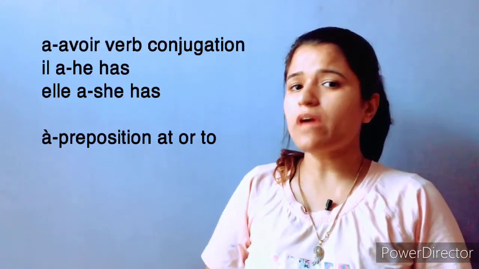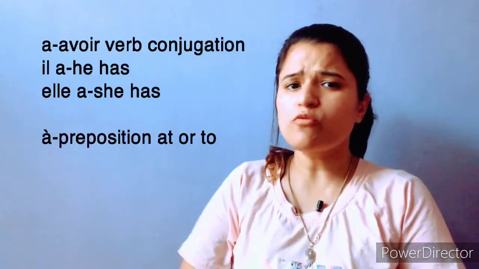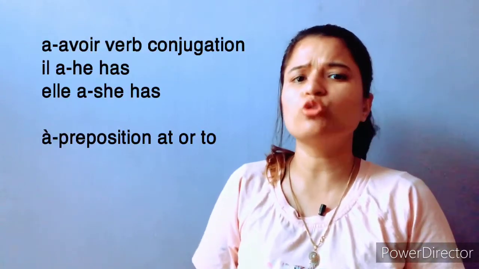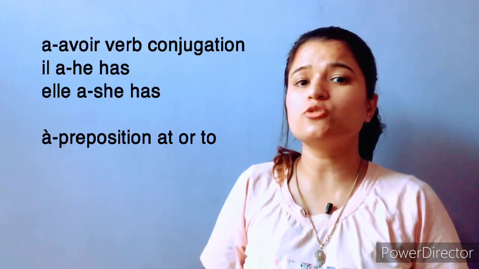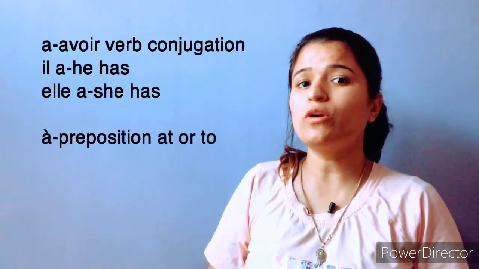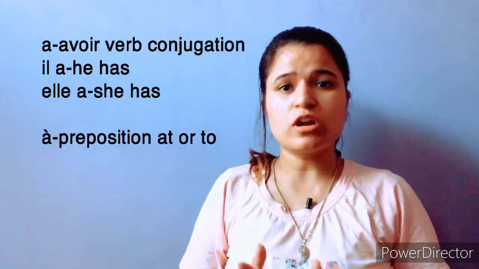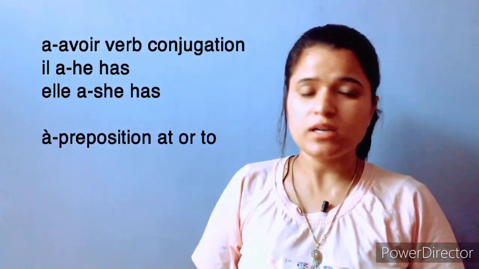If accent grave is not on the letter a, then it is a form of the verb avoir, like il a means he has or she has. But if accent grave is there, à, then it is used as a preposition, meaning to or at. So like this you can see accent grave changes the meaning of a word and its pronunciation also.